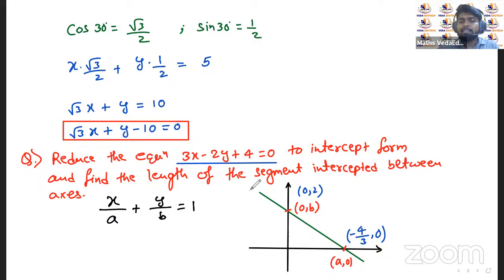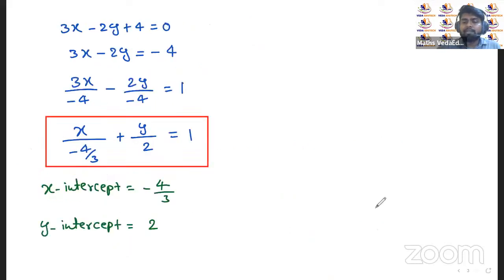We need to find the length of the segment intercepted between the axes. It means we need to find this distance. If we take this one as point A and this one as B, we need to find the value of AB. How do we find AB? We can apply the distance formula here.